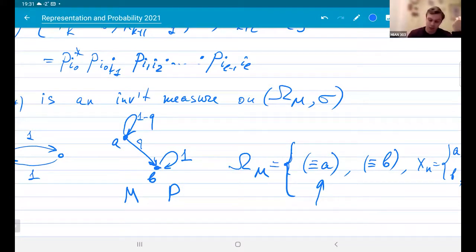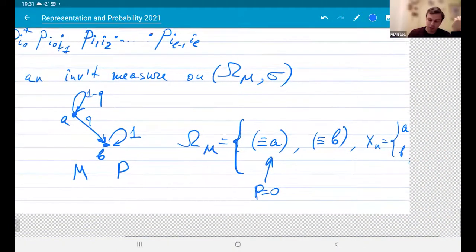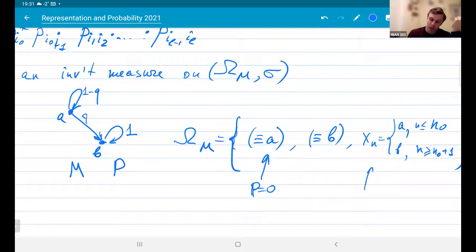So the probability here is 0, and by the same reason each of these sequences also has probability equal to 0, and this sequence has probability equal to 1. So from the measure point of view, the situation is quite easy. Your measure is just a delta measure at one point, and that's it.